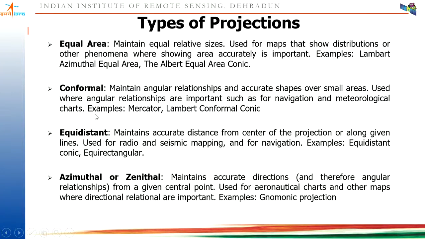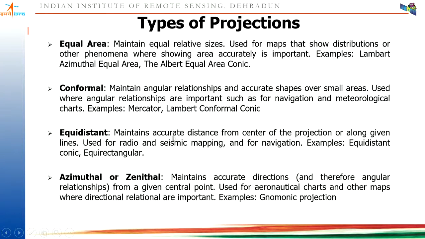Another is conformal, which maintains angular relationships and accurate shapes over small areas, used where angular relationships are important, such as for navigation and meteorological charts, like Mercator and Lambert Conformal Conic, LCC.